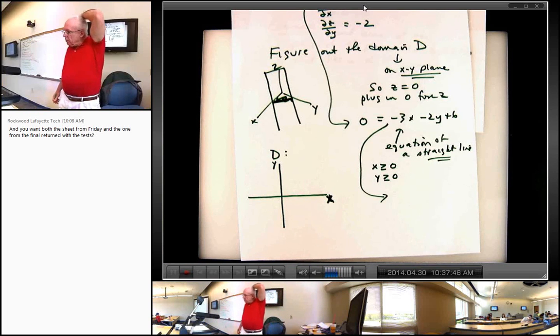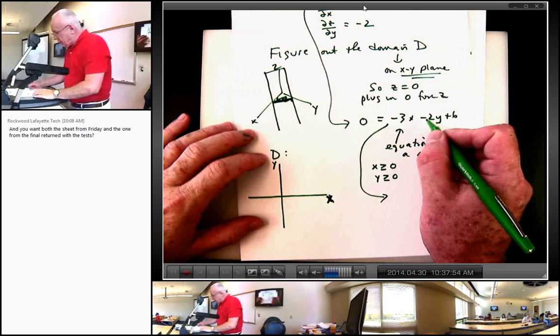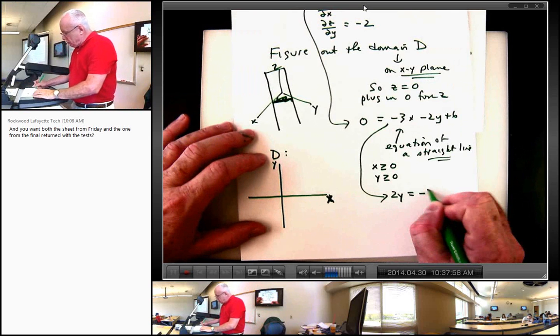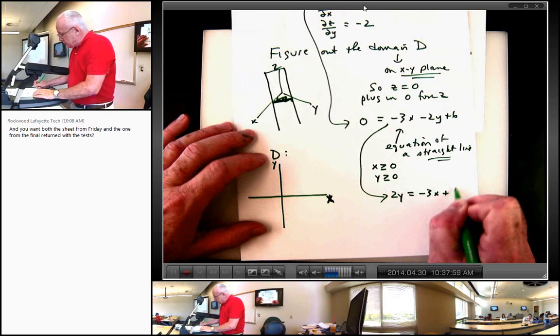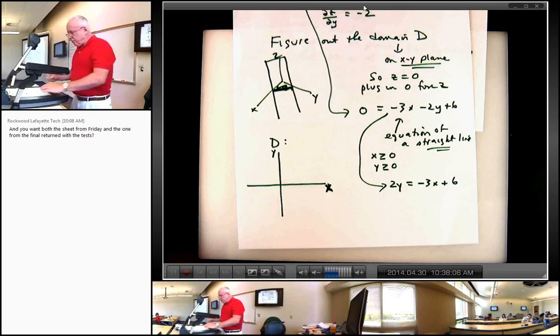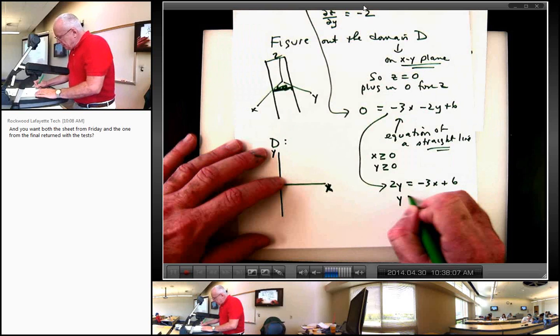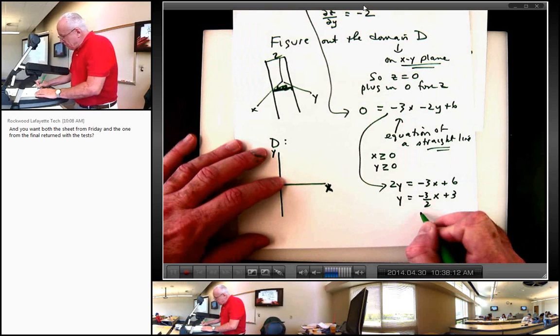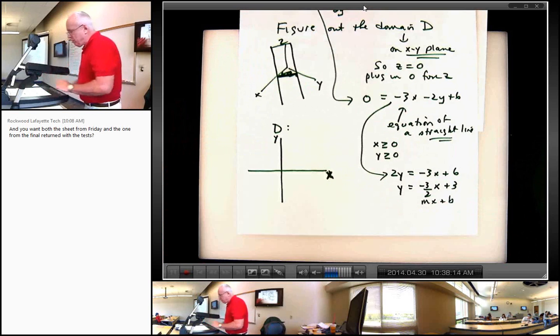I like to put Y on one side, so let's add 2Y to both sides. I get 2Y is equal to minus 3X plus 6. Then I'm going to divide by 2 to get it in the MX plus B format. So Y is equal to minus 3 halves X plus 3.